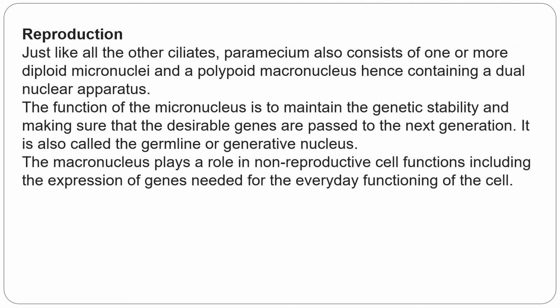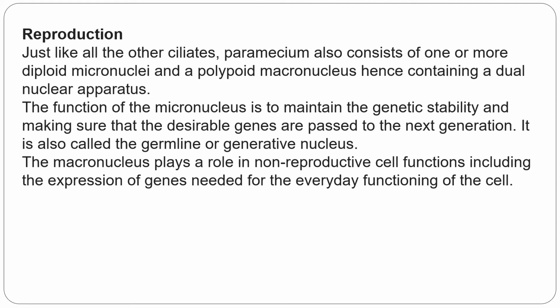Let's come to know reproduction. Just like all the other ciliates, Paramecium also consists of one or more diploid micronuclei and a polyploid macronucleus, hence containing a dual nuclear apparatus, micro and macro.